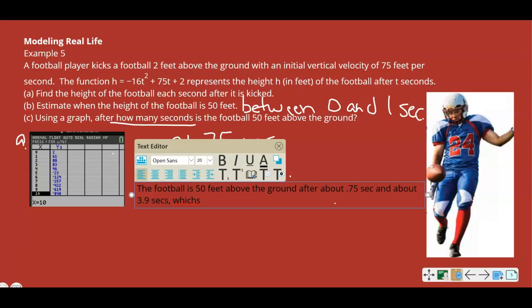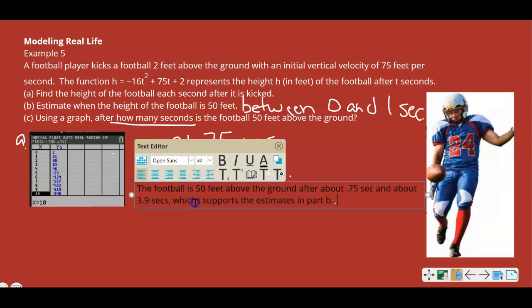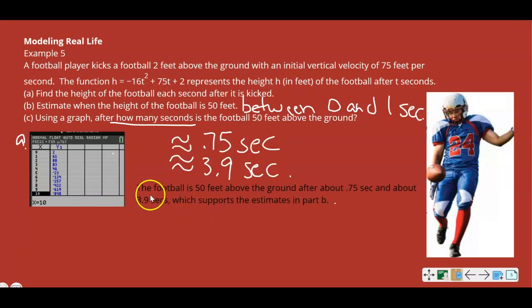And this supports the estimate in part B. So the football is 50 feet above the ground after 0.75 seconds and about 3.9 seconds, and this supports the estimate that we said is between 0 and 1 seconds here.